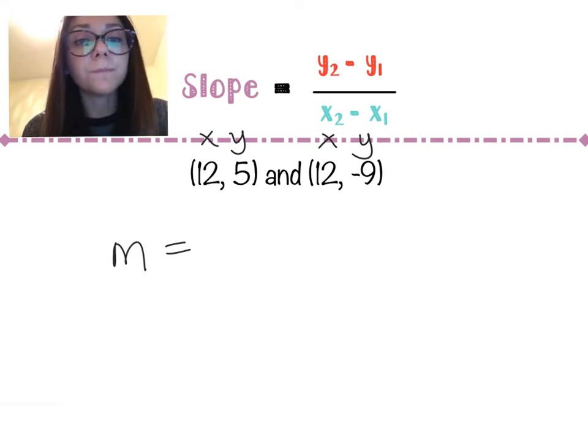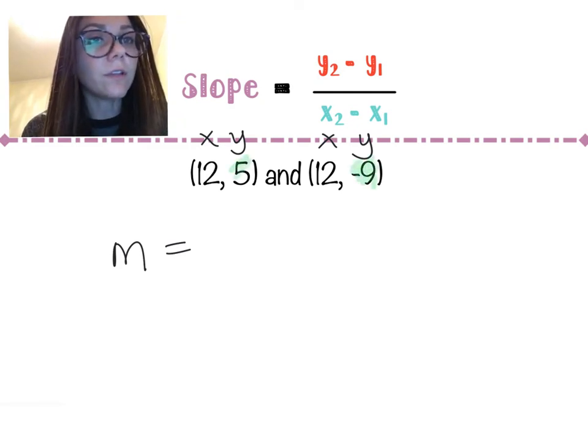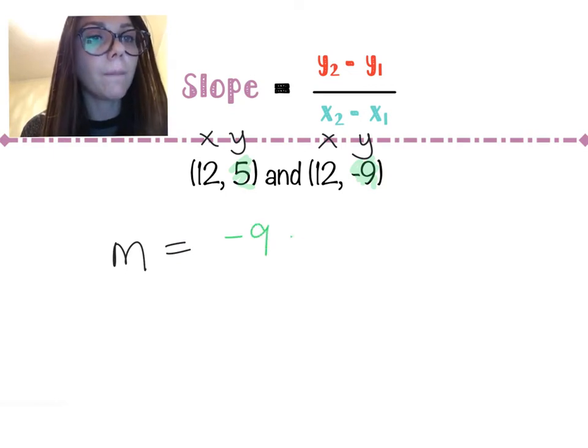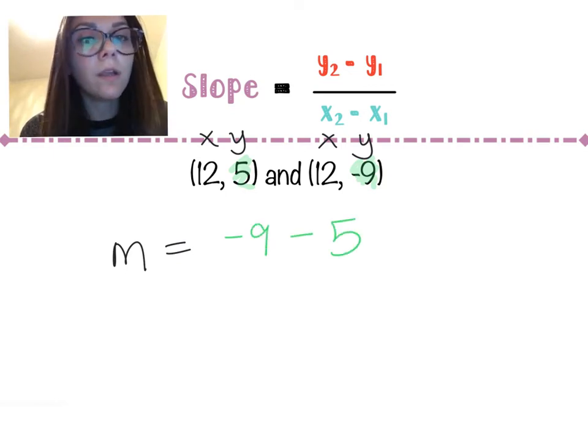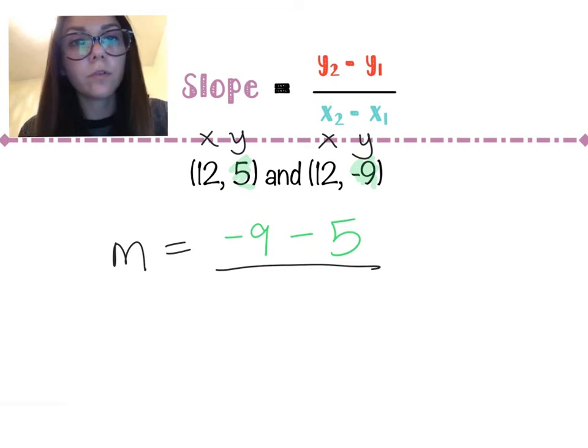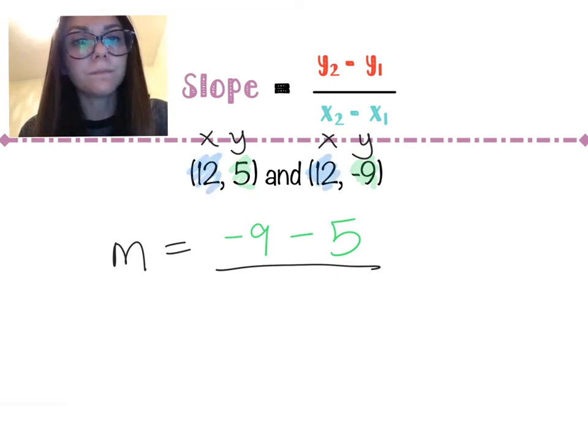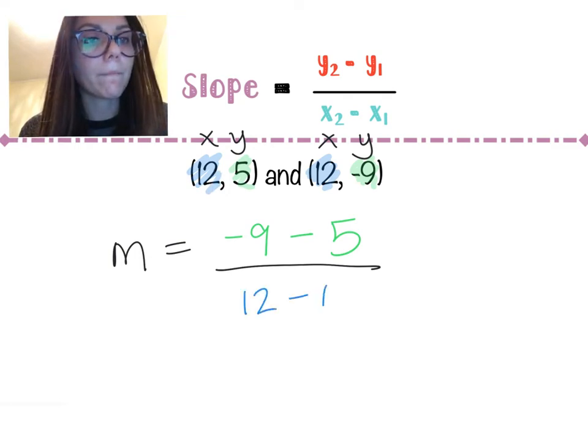We're going to do the y values in the numerator. So I would start with y2 minus y1 all over x sub 2 minus x sub 1. And we're going to simplify, okay?